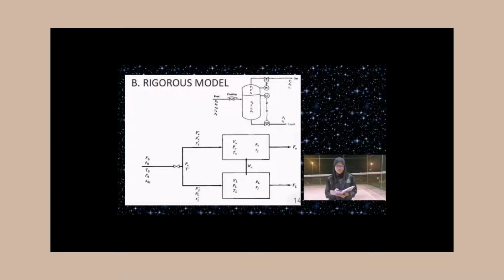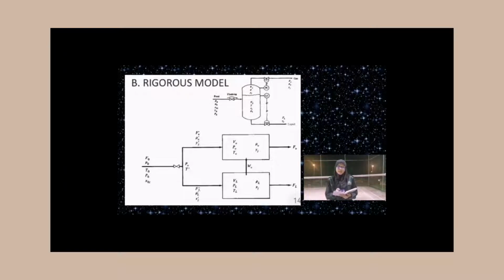Then we move to the liquid feed: F prime L, rho prime L, and X prime J. As I said before, L and V represent the phase, where V is vapor and L is liquid. Why are there X and Y? Y represents the mole fraction of gas, while X represents the mole fraction of the liquid.